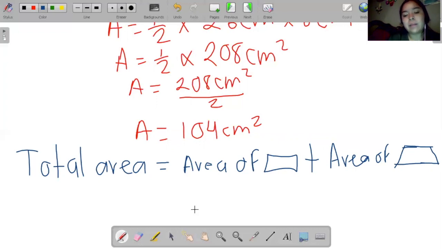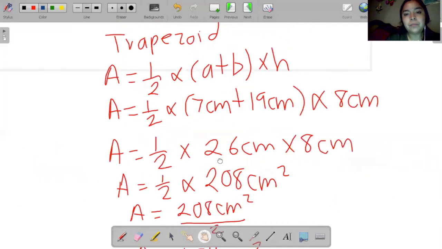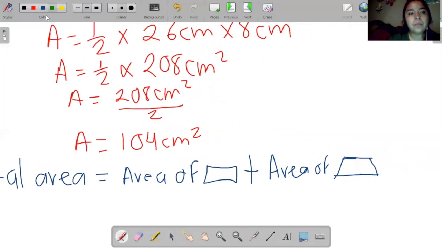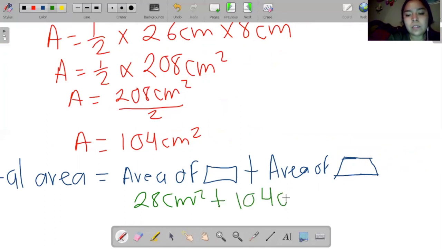So then let's add them together. We know that the area of the rectangle was 28 centimeters squared, plus the area of the trapezoid, which is 104 centimeters squared.